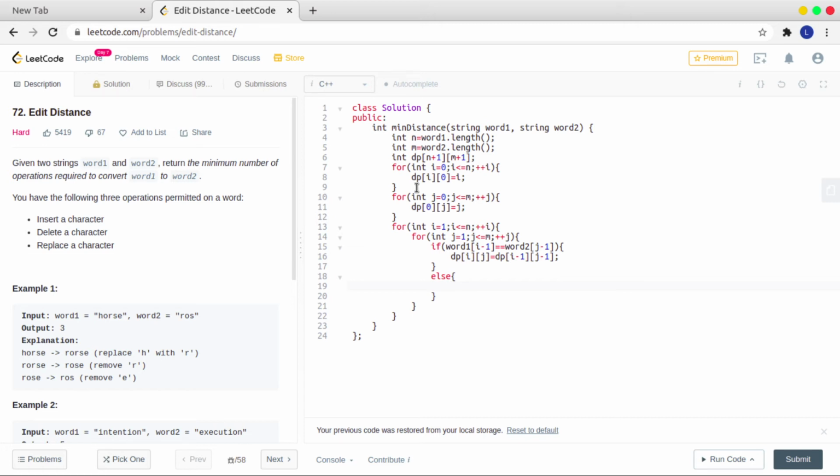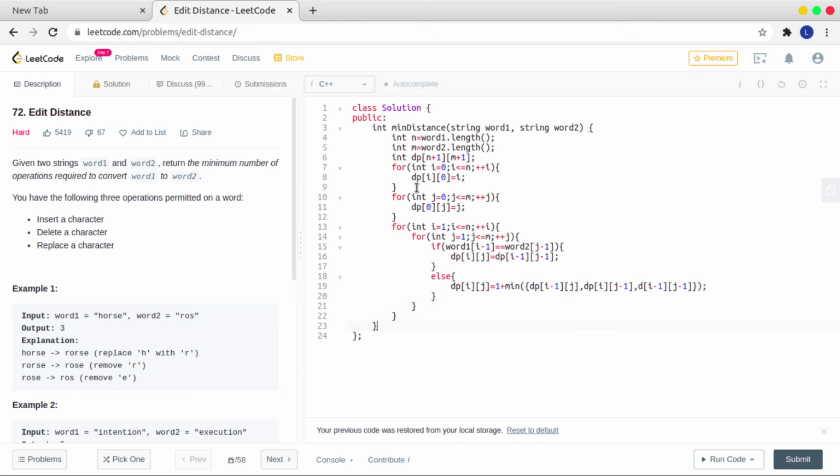then we are going to have some cost, and the cost will be either insert, delete, or replace. So basically we have 1 plus the minimum of dp of i minus 1, j, or dp of i, j minus 1, or we are replacing it, dp of i minus 1, j minus 1.